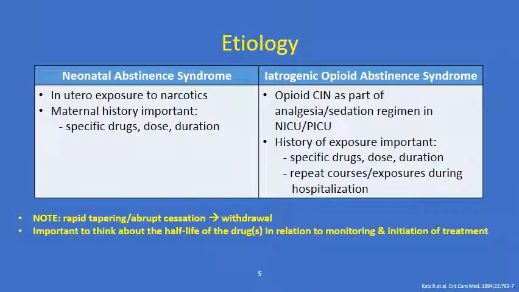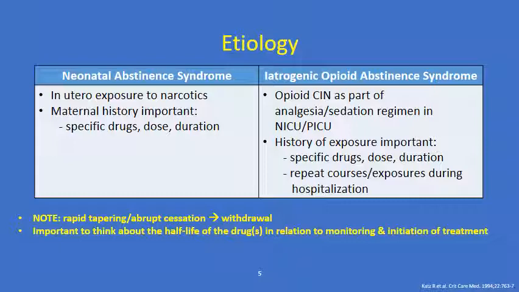When we think about this overall exposure, what the concern often can be is if we stop the medication abruptly or taper it too quickly, this can lead to withdrawal. So if you think about it for NAS specifically, if the baby had been exposed to these medications in utero and all of a sudden the baby is born and no longer is being exposed to those medications, that could lead to withdrawal.